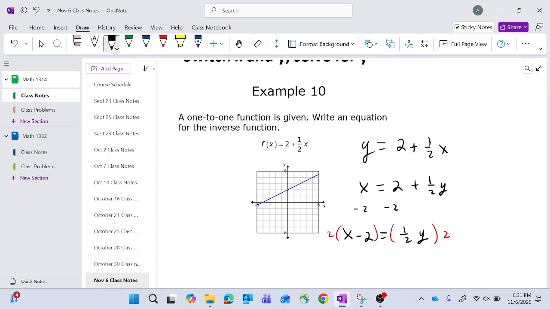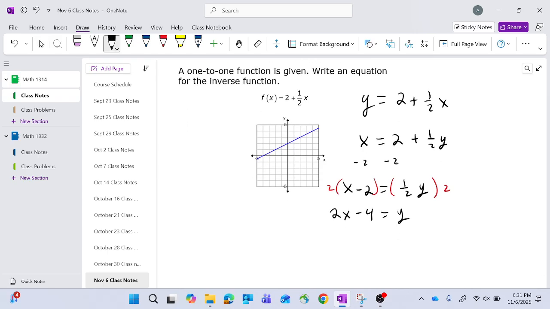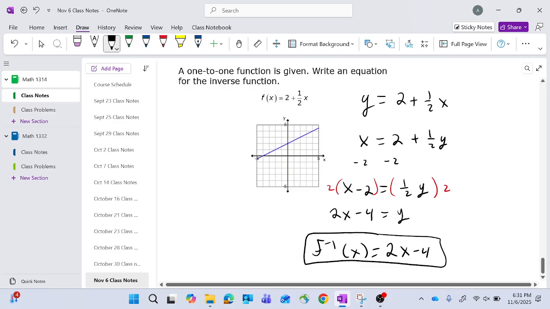What you get is 2x minus 4 equals y. And that's your inverse. You could write it a little more officially: f inverse of x equals 2x minus 4. That's the proper way to write it, but it's just notation at that point. You're just changing y for f inverse of x. That's it.